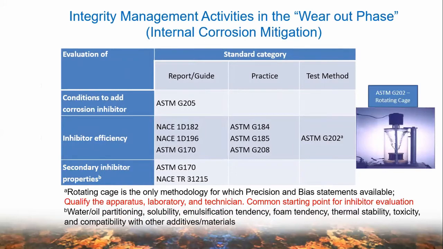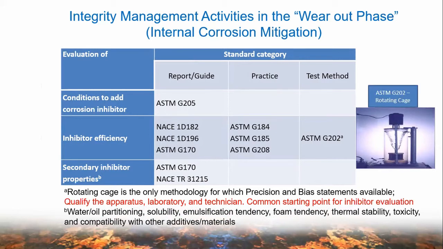However, do not use inhibitors without proper evaluation. Understand the conditions to add corrosion inhibitors. Inhibitors are not effective under all conditions; especially if your operating condition changes, the inhibitor may not be efficient.